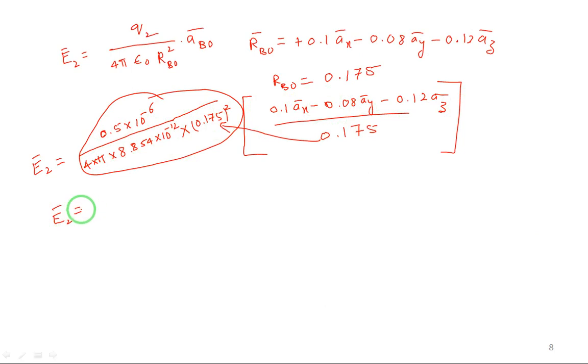First, I will take the calculator and I will find it. So in the numerator there is 0.5, 10 power minus 6 I will take care of later, divided by 4 into pi into 8.854, 10 power minus 12.